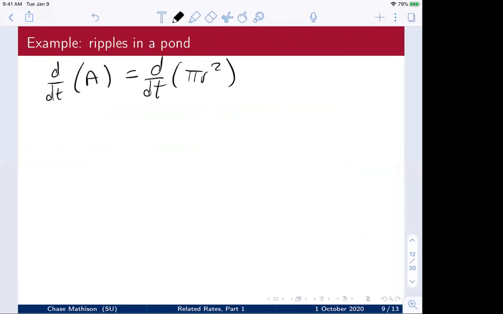I'm not technically multiplying by d over dt. When I write that, that technically means I'm applying the derivative. If you want to remember it as multiplying by d over dt, whatever helps you remember. But just know that that's not technically true. I'm applying the derivative. So on the left, what do I get?